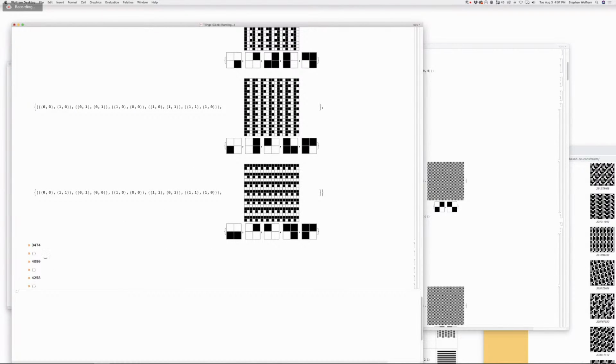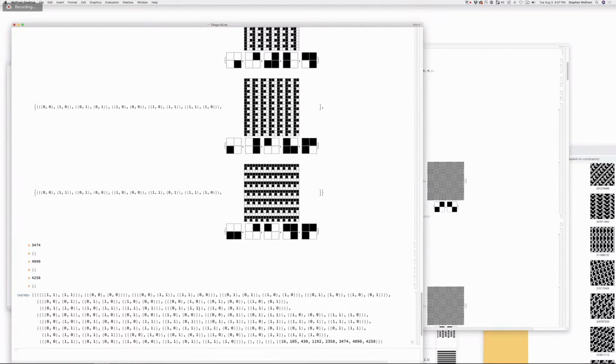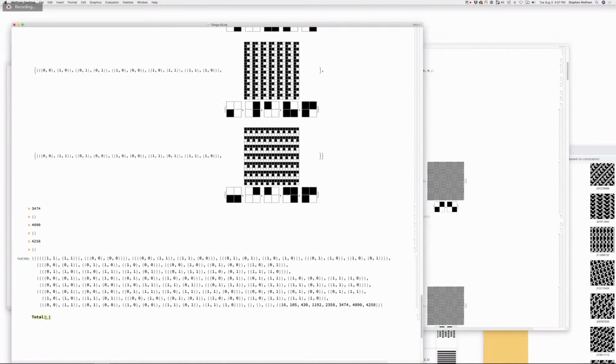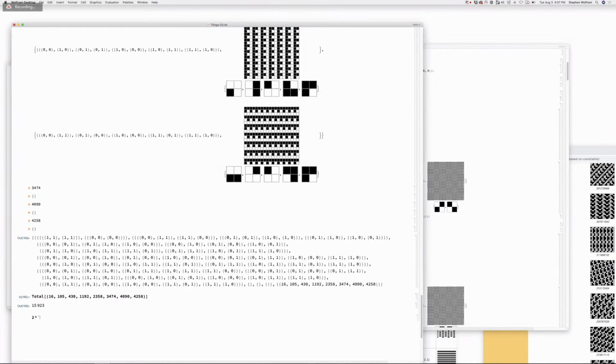Okay, so it's gradually trying to add another tile. So let's see what its total is here. So long as we didn't miss anything, we've achieved 2 to the 16. So we've achieved a substantial savings there.